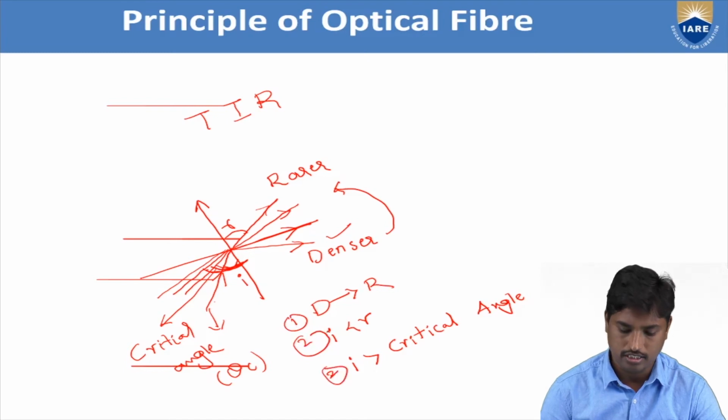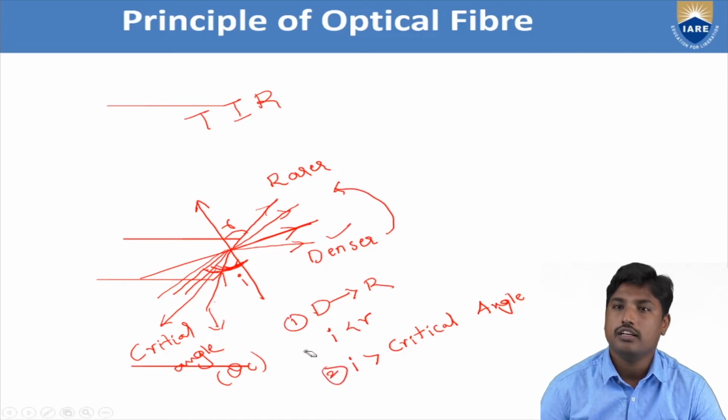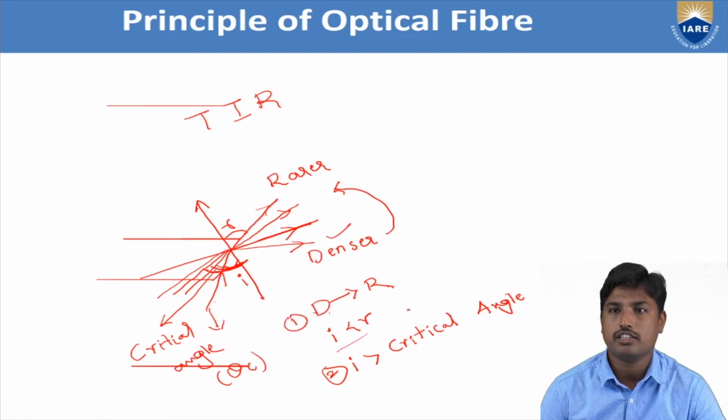When the light ray travels from denser to rarer, the angle of incidence is less than the angle of refraction, so in that case we won't get total internal reflection. Only when the second condition is satisfied, that is, the incident angle is greater than the critical angle, do we get total internal reflection.